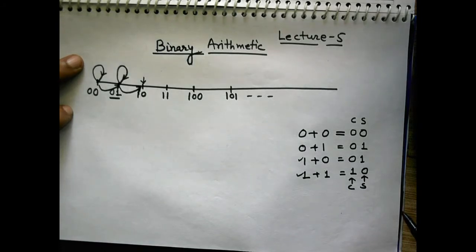So keeping this in our mind, we can add any two binary numbers, whether those digits are in the form of a nibble, a byte, a word, a double word, or anything higher. So let us add binary numbers.